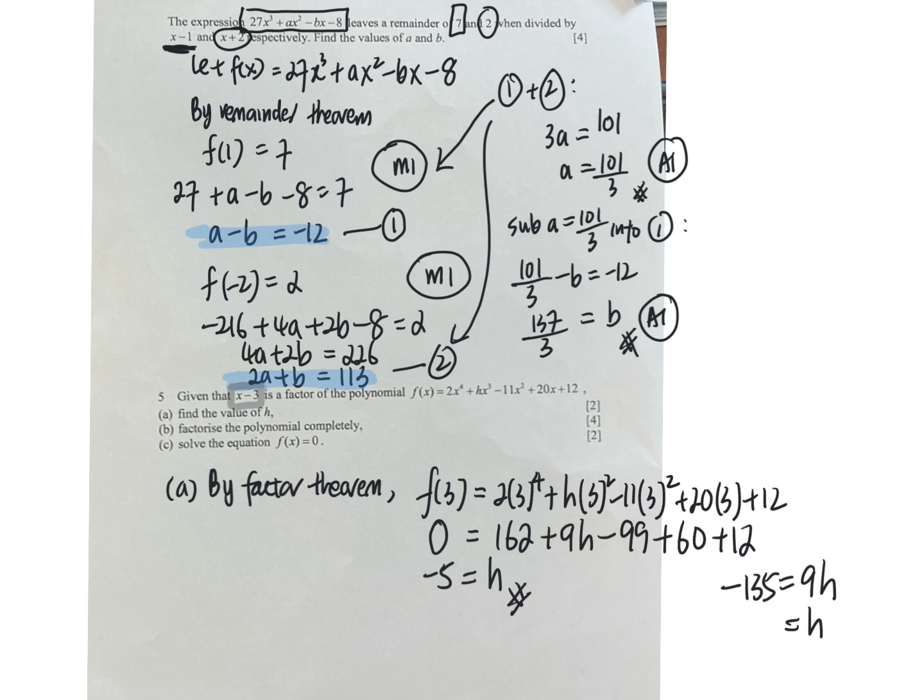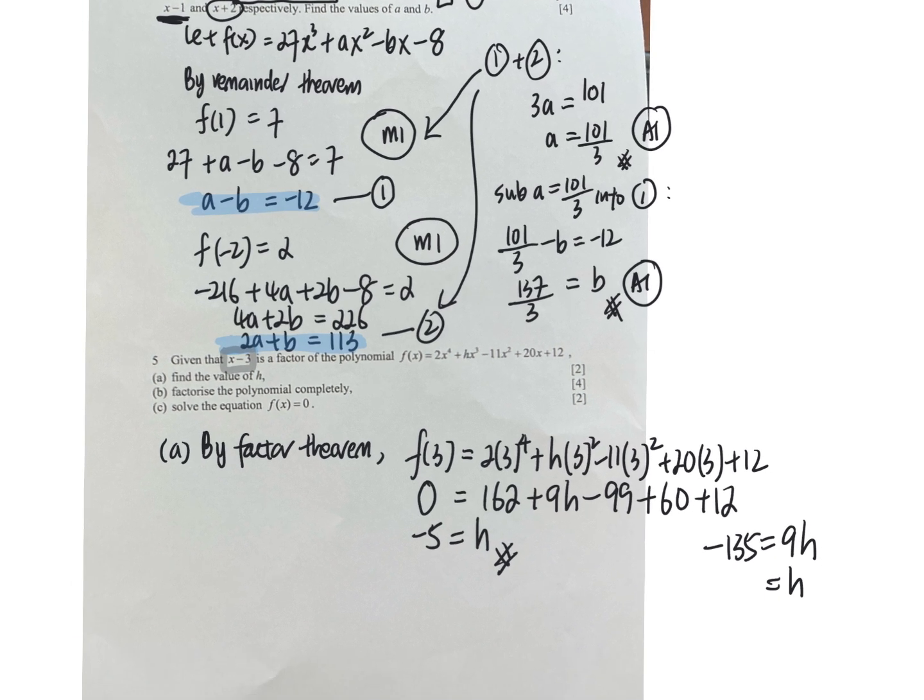I thought it's a minus 5. Oh, it's a cube. So this is 27. Minus 5. Okay, so you will simplify to this 27h. It's a cube, my bad.